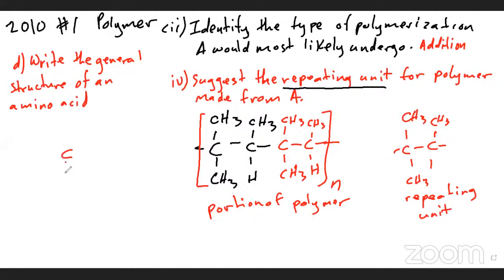So as we said, the general structure has an R group, a hydrogen, a carboxyl group, and then an amine group.